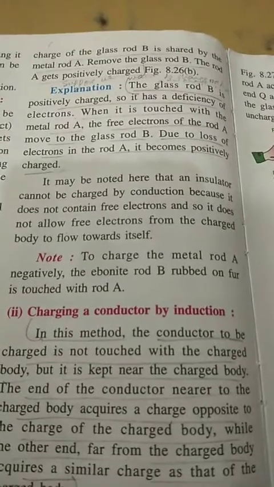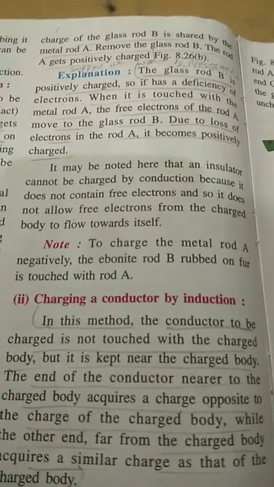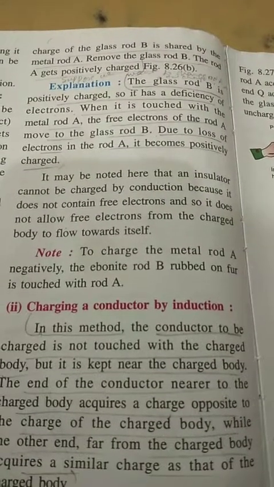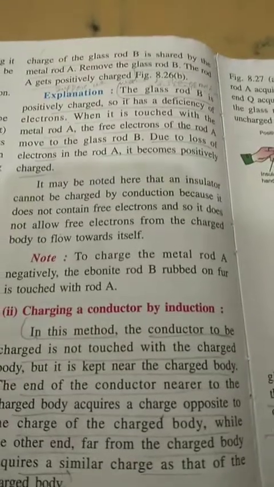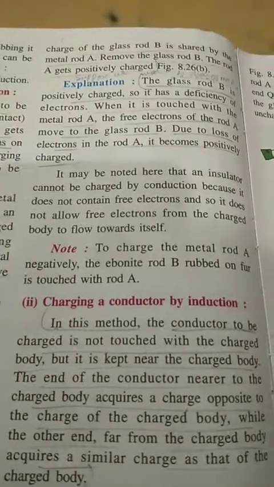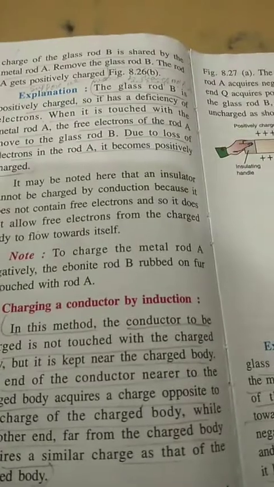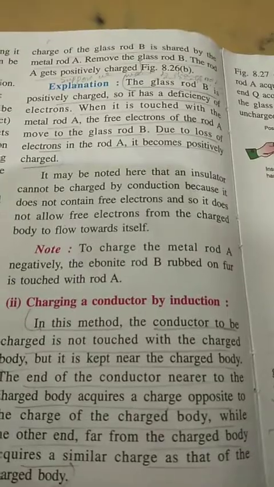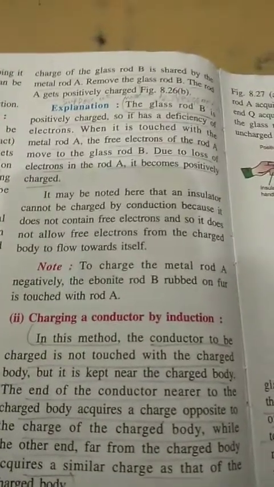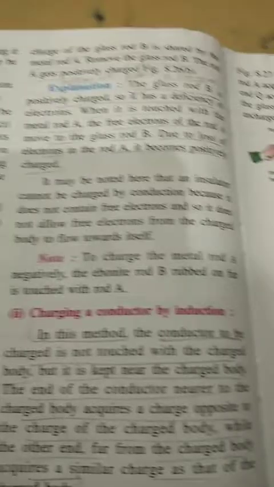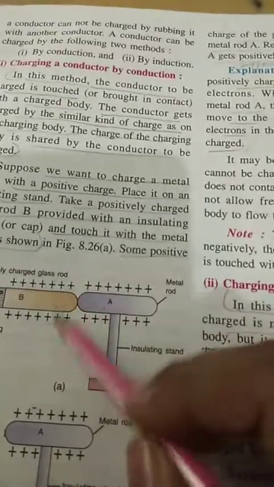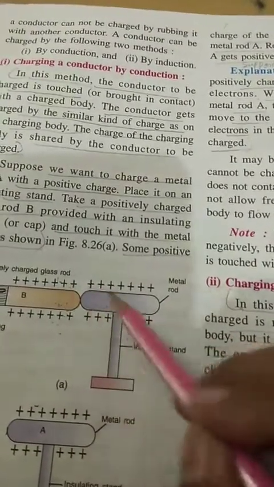So you will note that to charge the metal rod A negatively, you have to bring an ebonite rod rubbed on fur and touch it with rod A. This glass rod is positively charged, rubbed with silk, and it acquires positive charge.